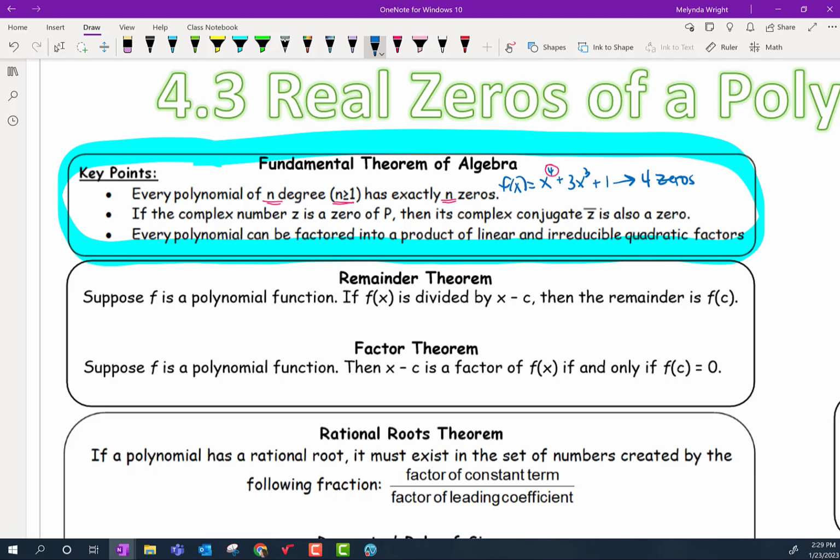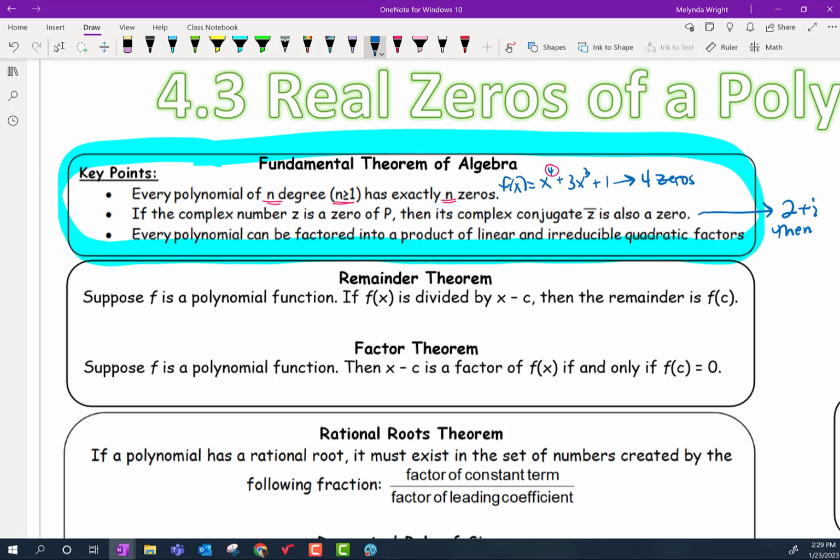The second bullet point says if the complex number z is a 0 of p, then its complex conjugate is also a 0. We looked at this last year. Recall, if one of our solutions was, say, 2 plus i, then we knew that there was a second solution, right? Do you remember when we did that?